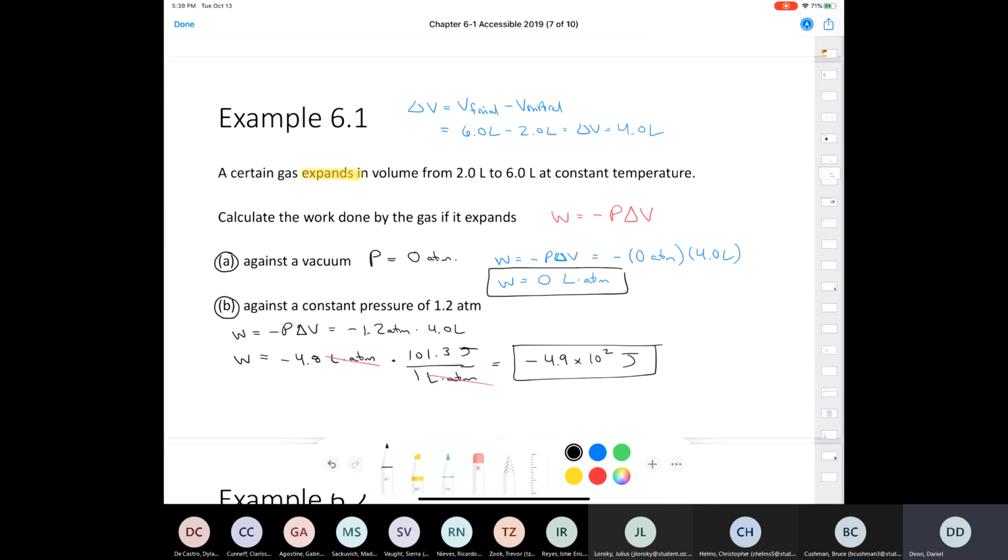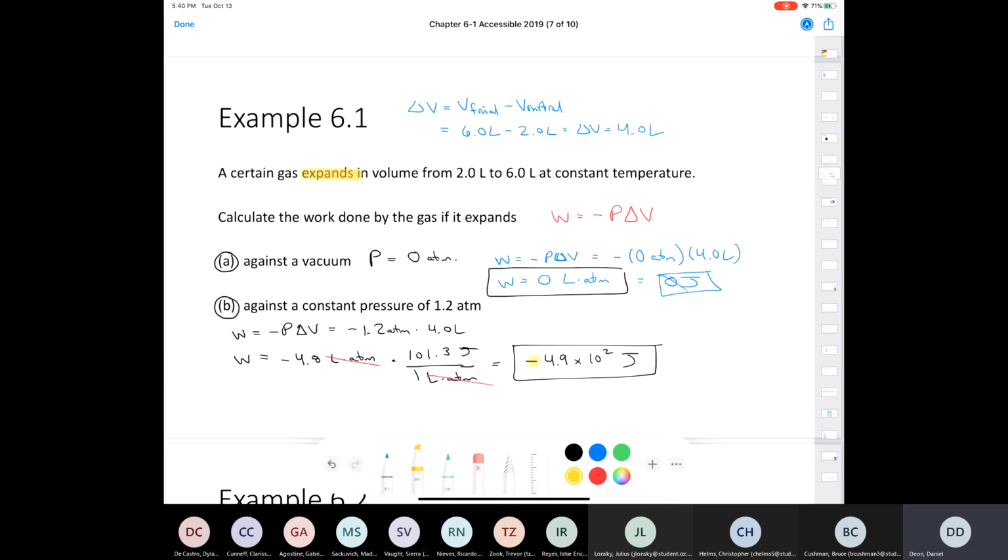Now, what I want to point out to you, well, first of all, I guess we should write in here that work is also equal to 0 joules for the first problem. Anyhow, a couple of things. The first thing is, and I know I've mentioned this many times this evening, I just want to go over the sign. We have a negative sign for our work.